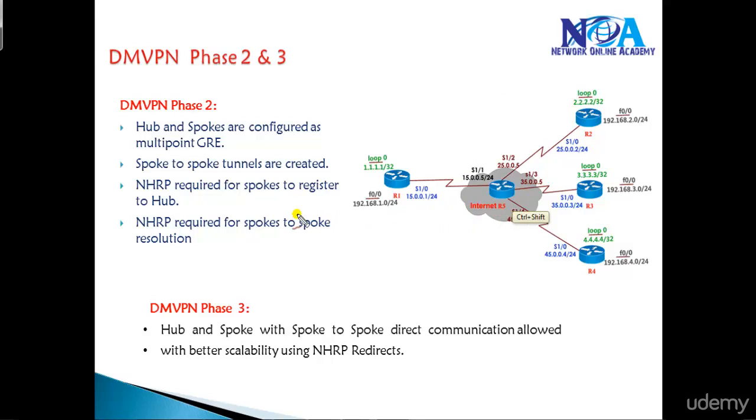Now DMVPN phase 3 is just a slight enhancement of phase 2, we can say. In case of phase 3, we are going to use a command called NHRP redirect on the server. It indicates that the current path is not the optimal path. Like with router 2, initially the traffic will go to router 1 and be sent back to router 3, and later on it will go directly from router 2 to router 3 once the tunnel is established.